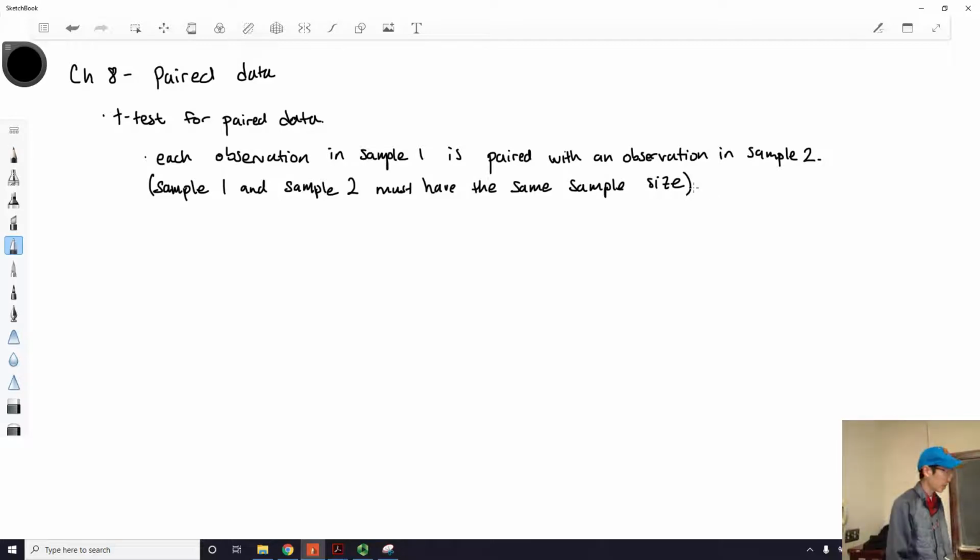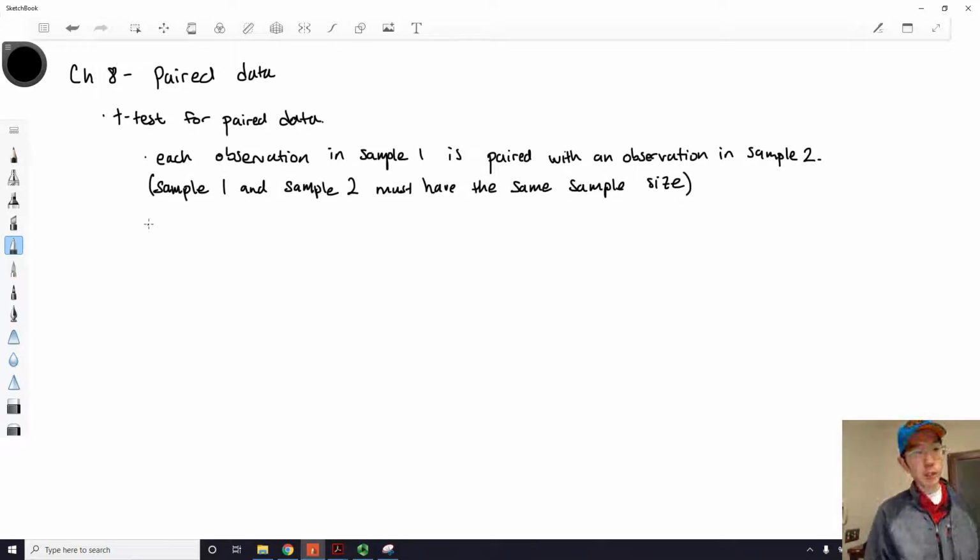So if you have two samples with different sizes, you know you're not in a paired data situation. However, if you have two samples of the same size, it doesn't necessarily mean you're in a paired data situation. You might not be. But if you're in a paired data situation, the two samples must have the same sample size.